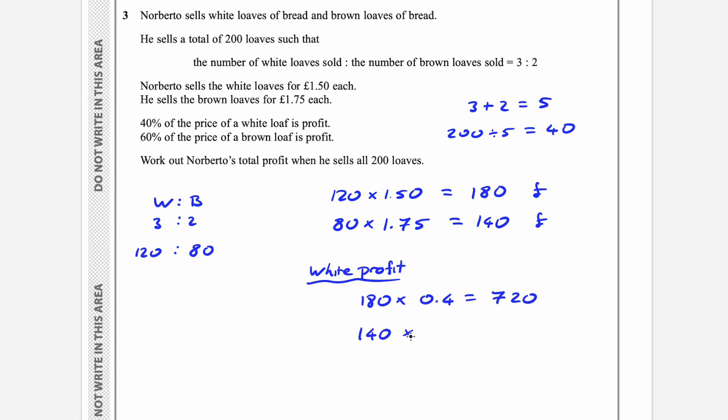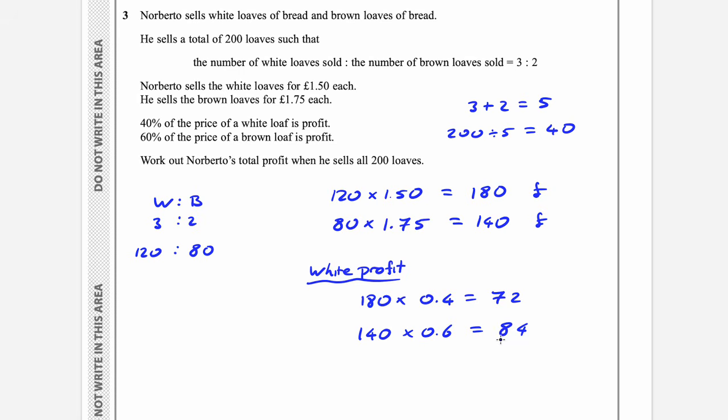140 times 0.6 is, I'm doing 6 times 14, 84. Oh no, sorry, what am I doing? I'm totally wrong. That's 72. Sorry, guys, what am I talking about? Doing this in my head. Okay, this times this, that would be 84. 84 pounds profit.